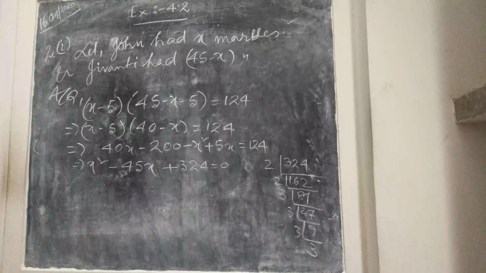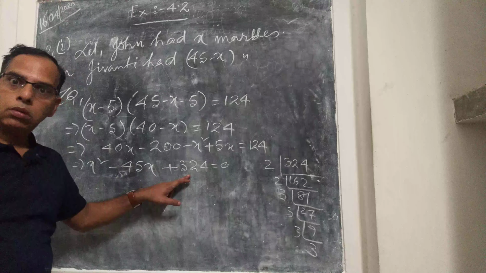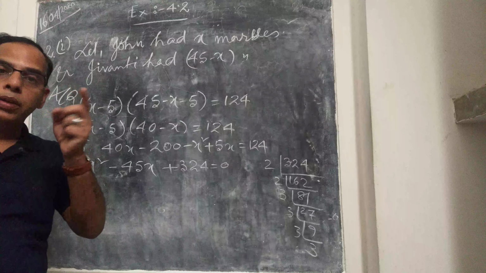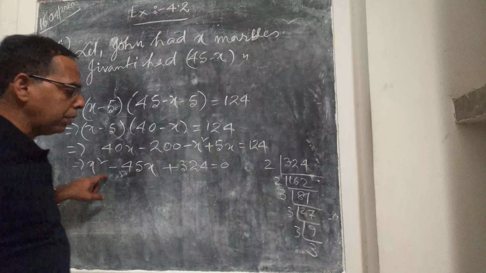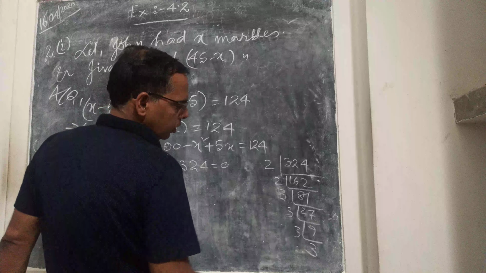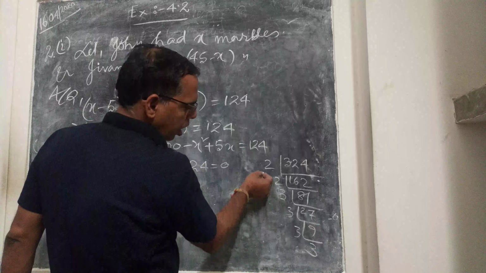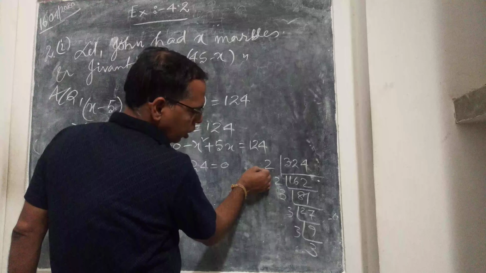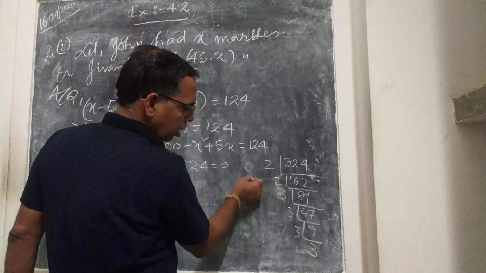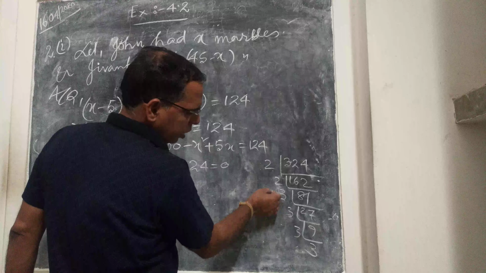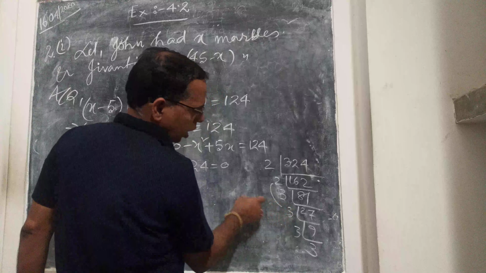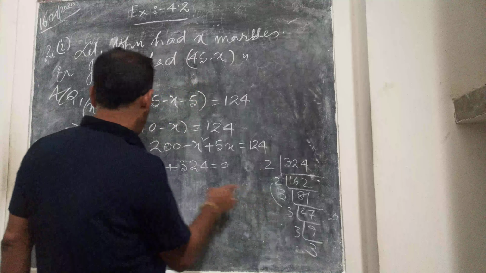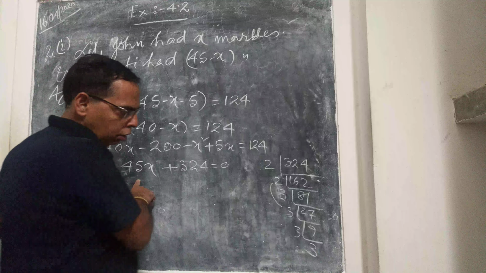Now the last one is plus, so both the broken parts should be of the same sign, that is both will be minus signs because the minus sign is in the middle. So see, 12 and 18, plus 18, not possible, it should be 45.